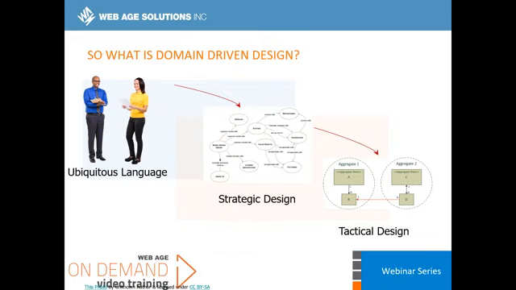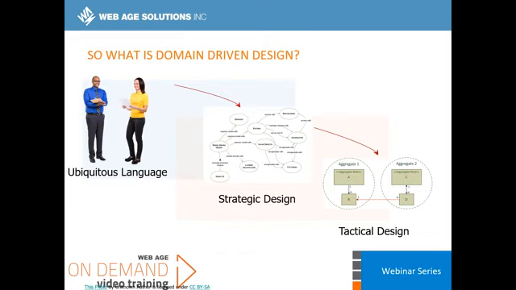So the ubiquitous language leads us to some strategic design, and strategic design focuses on the problem space, right? So the problem domain and what we call bounded context and the context maps. We'll cover those in a little bit of detail as we move through.